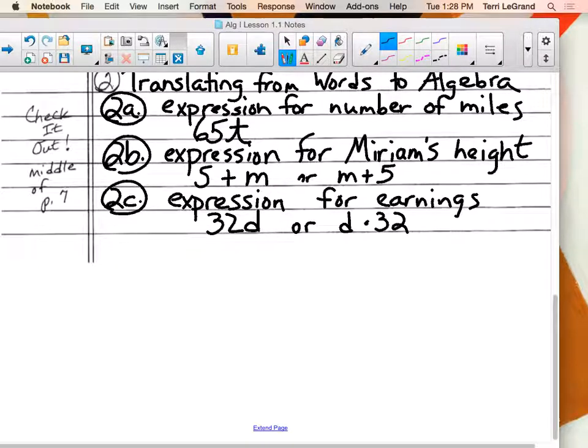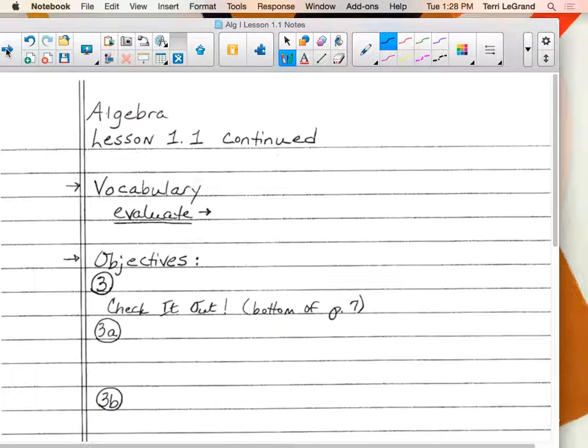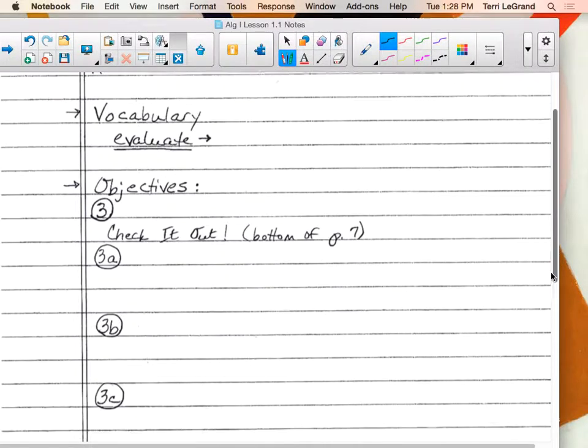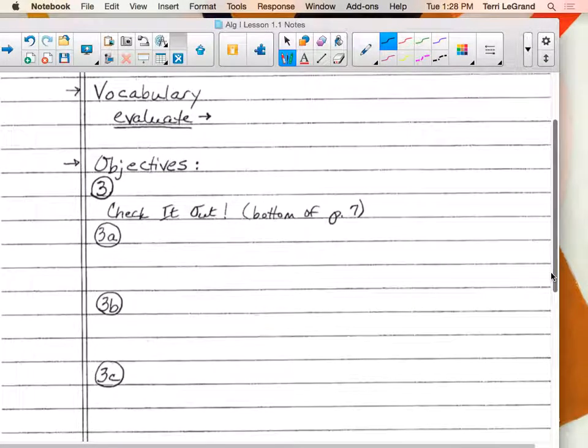Questions on being able to translate from words to algebra? Okay. Last page. Apparently they threw another vocabulary word in here. Evaluate. What's evaluate? Dylan? Find its value.